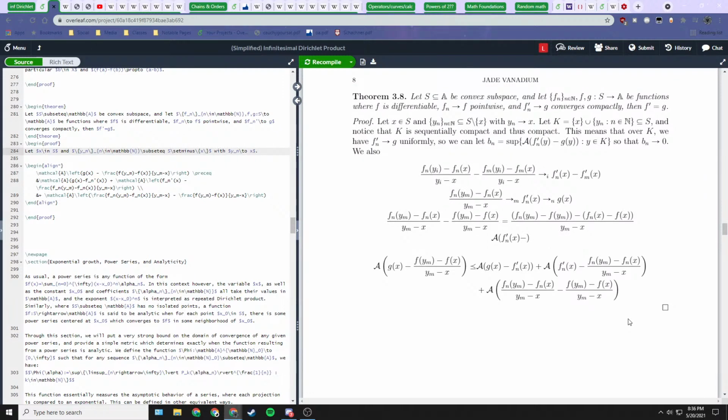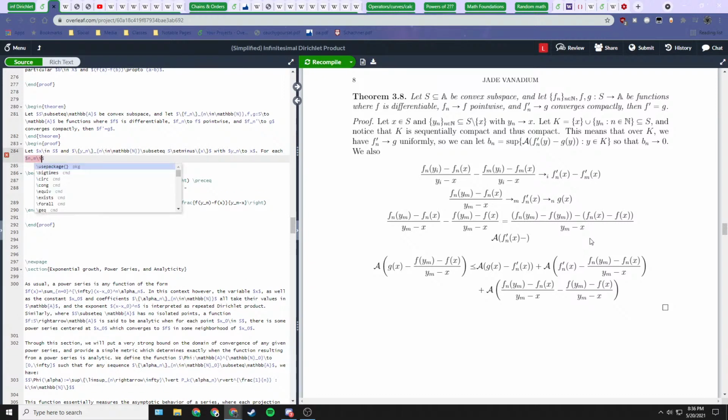So for each n and m in natural numbers, I'll change the index for y to have m's so that it's a little consistent. So for each pair of these, actually we'll do n, m, and k.